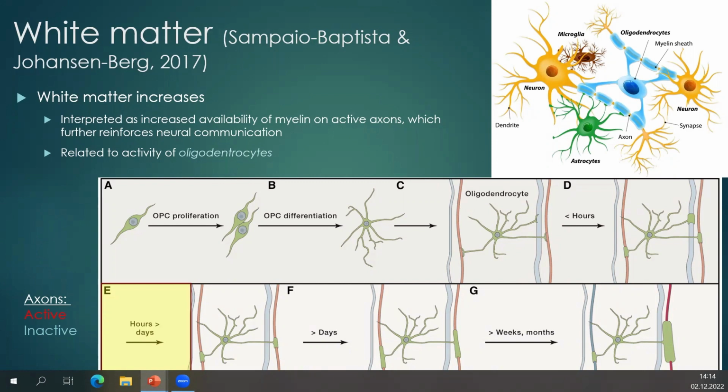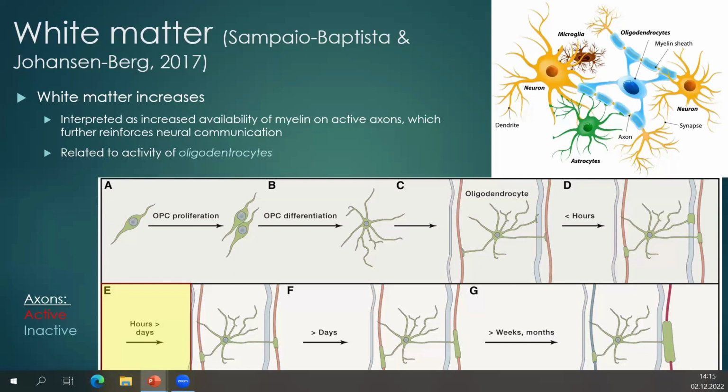So this oligodendrocyte here has wrapped itself on this axon and this axon. They're both active. So all the red ones are active, and the blue ones are inactive. So it has wrapped itself on both of them. Over a few days, they're still active, so you have more wrapping around the axons.